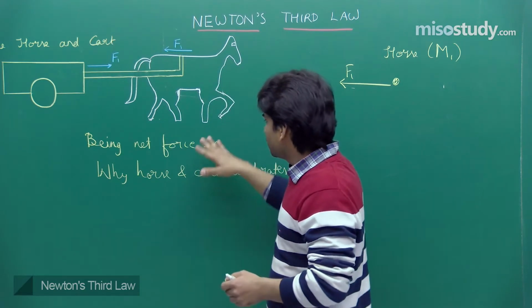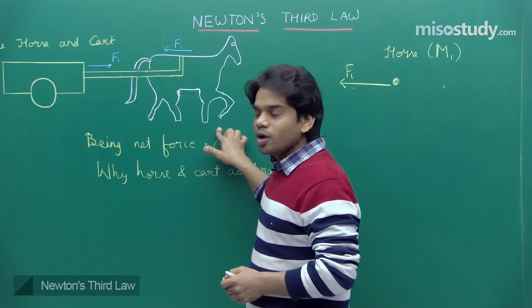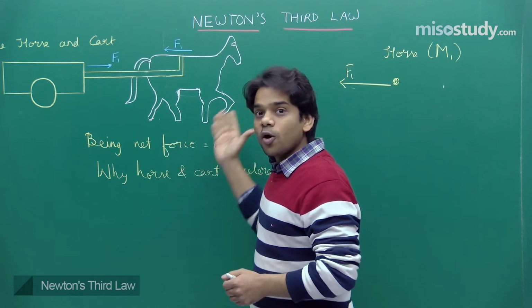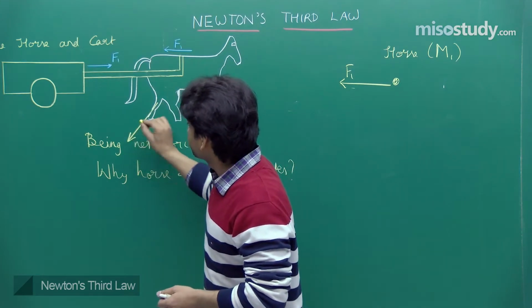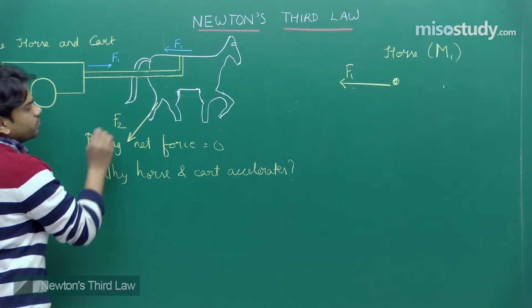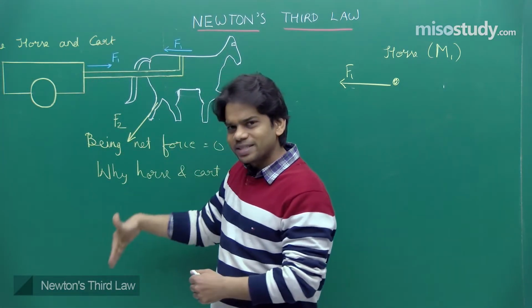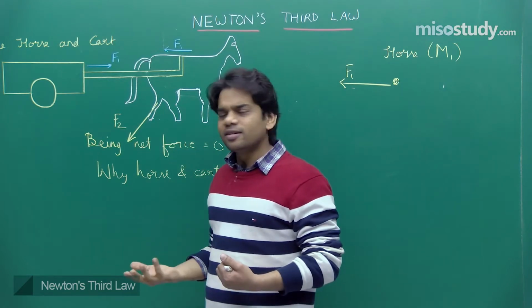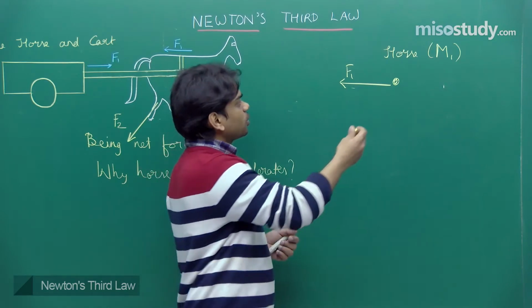Think of the shoe of the horse. Think of this horseshoe. The horse is applying a force on the ground in this direction. Let us call this force F2. The horse is applying a force on the ground because it presses the ground in this direction. In return, the ground will apply a force on the horse in just the opposite direction.